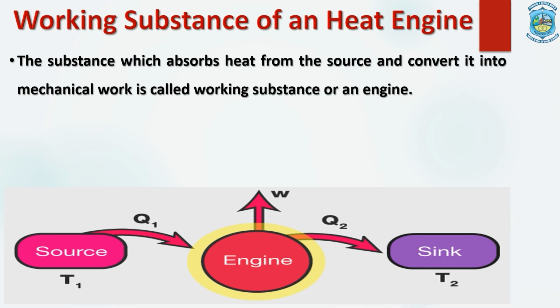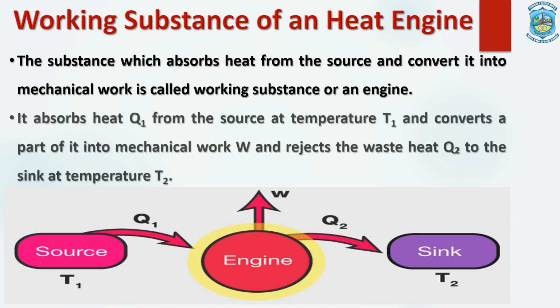Then we have the working substance of a heat engine: the substance which absorbs heat from the source, coming from the input source, and converts it into mechanical work is known as the working substance. This section we know as the engine, which creates the mechanical work. As we can see from the image, it absorbs the heat Q1.